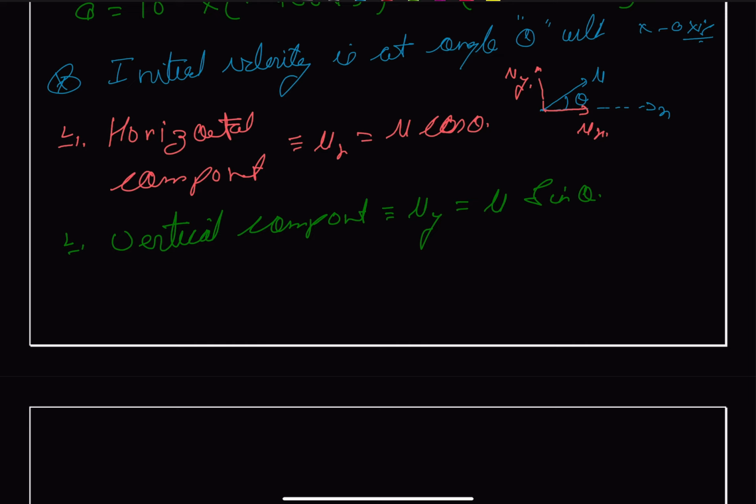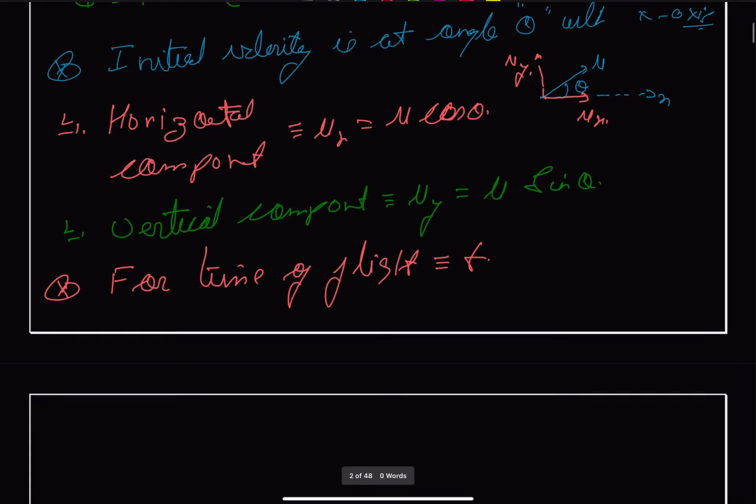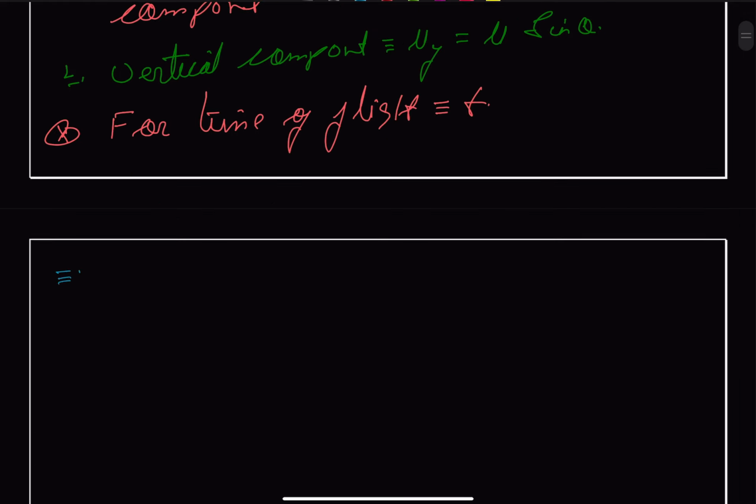And if we say that the time of flight is taken as small t, therefore we can write that the range, which is assumed over here as x, will be equal to the horizontal velocity multiplied by t.